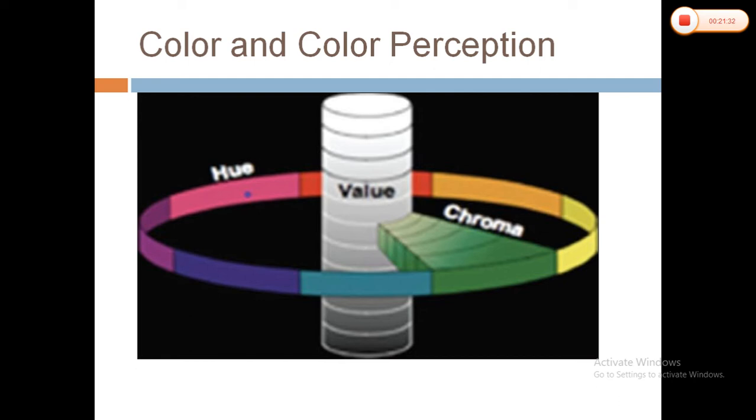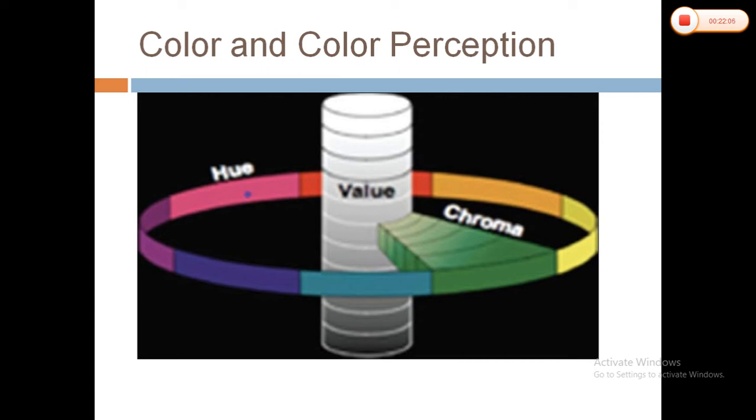Then you have value: lightness or darkness of a given color. It is called value. Then you have another component, that is translucency: the ability of a material to partially allow the light to pass through it. These are the basic properties of color.